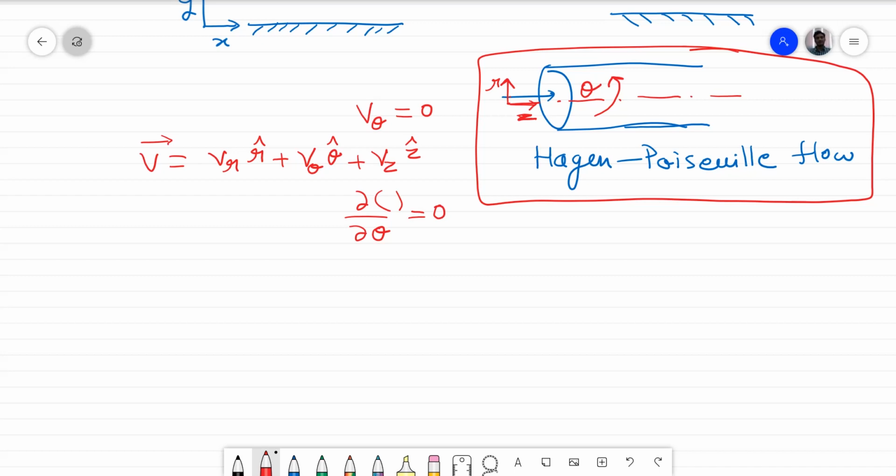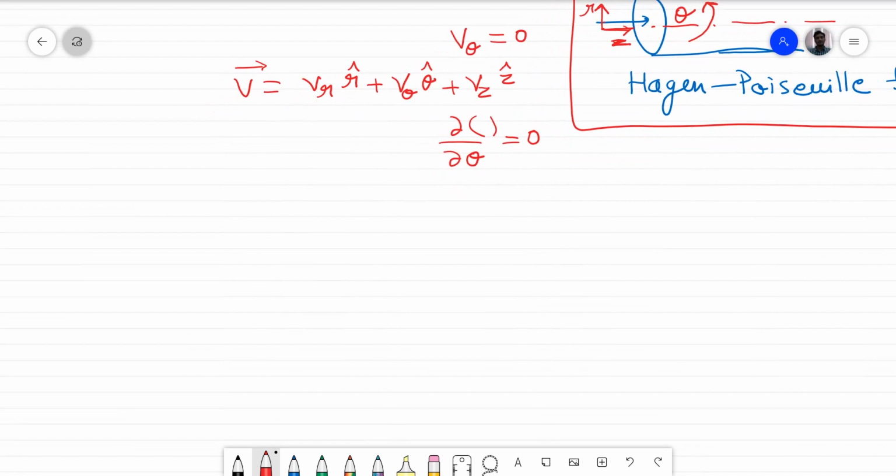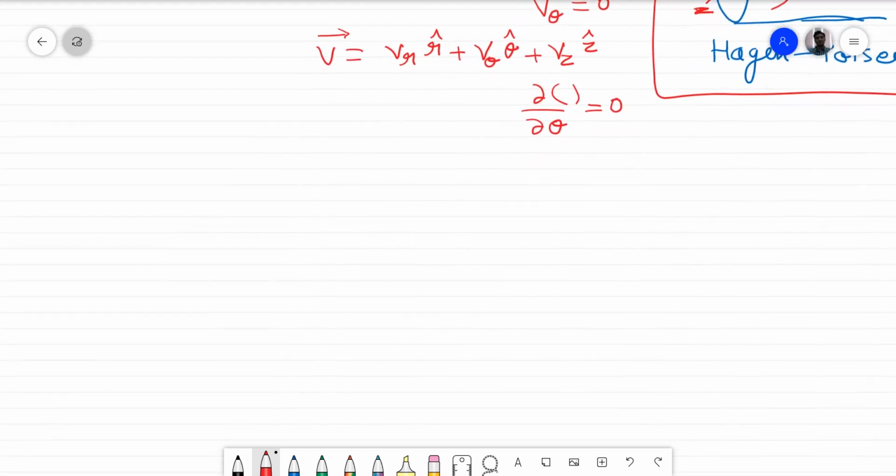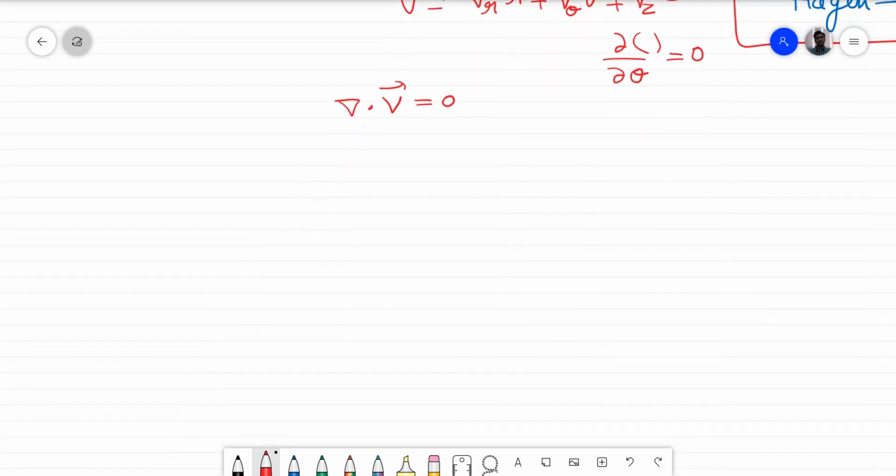Okay. So now let us write the continuity and momentum equations in the cylindrical polar coordinate system. Let me write the full equations first. The continuity equation, which is del dot V equal to 0. This can be written as 1 by r dou of r Vr by dou r.